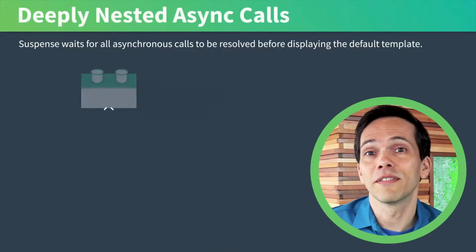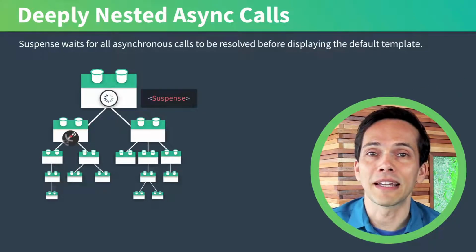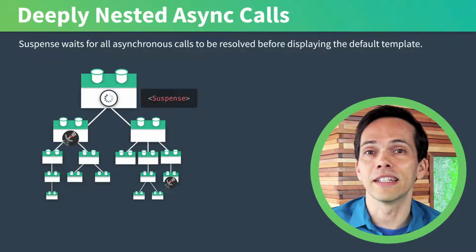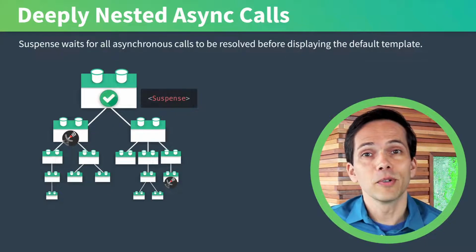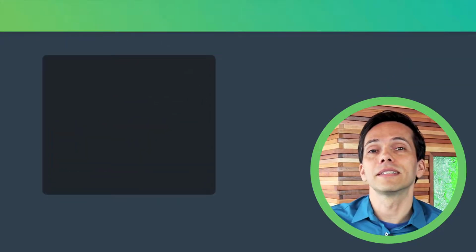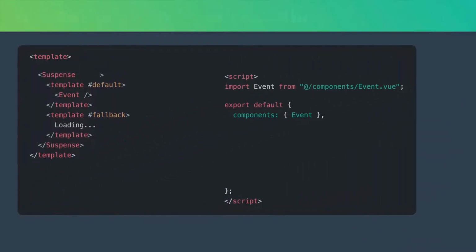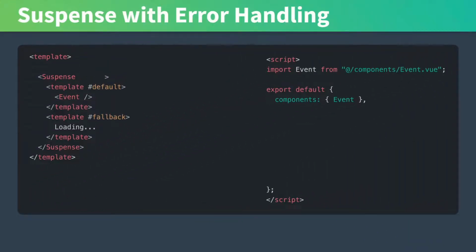The killer feature of Suspense is that we can have deeply nested API calls, and it's going to wait until they're all resolved. That's pretty cool, but when we're dealing with API calls, we also have to make sure to implement error handling. And how do we do that with Suspense? Here's our previous code, and let's add some error handling.